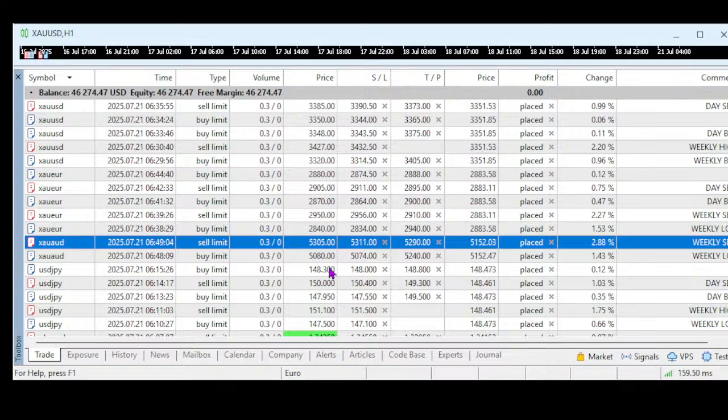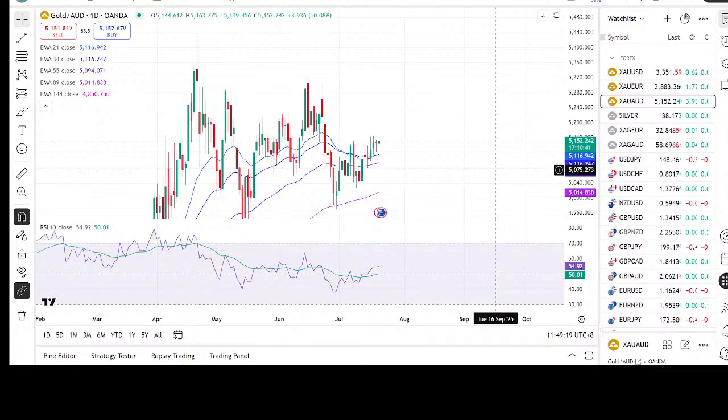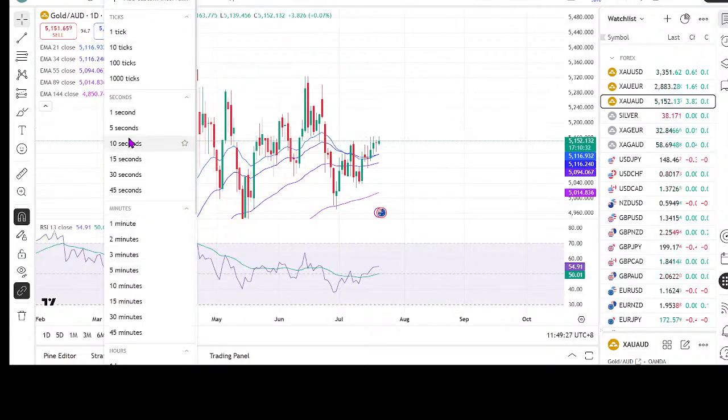Okay, then finally we go for day buy, day sell. Okay, day buy, I'm looking at 5. Okay, hold on. Let me see the 2-hour chart.